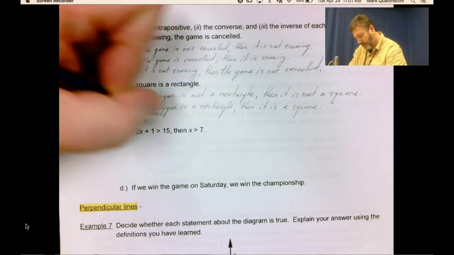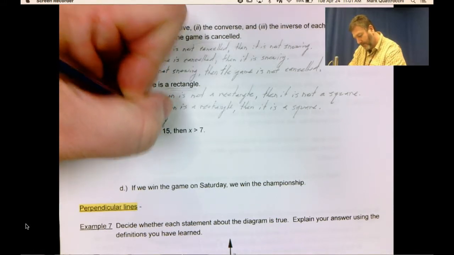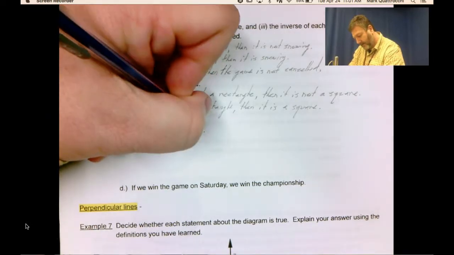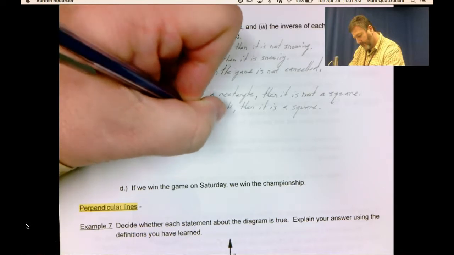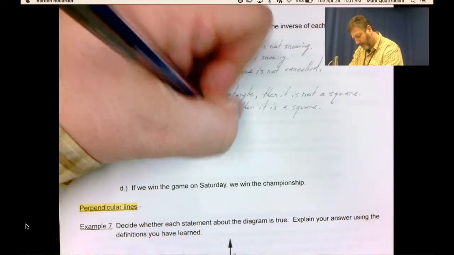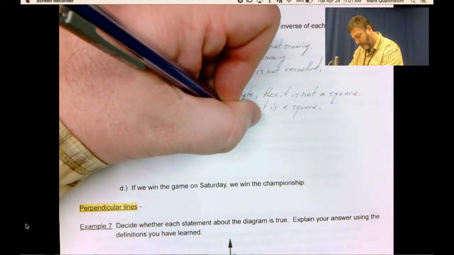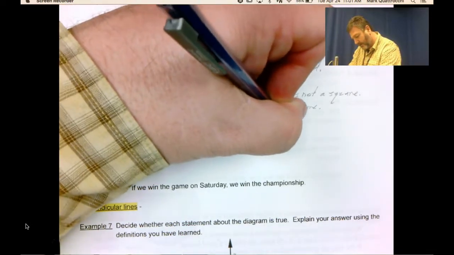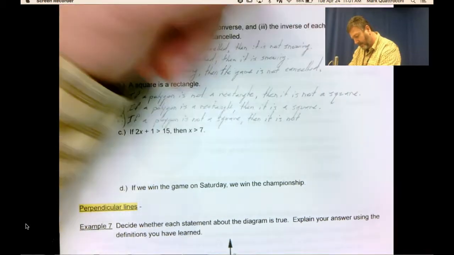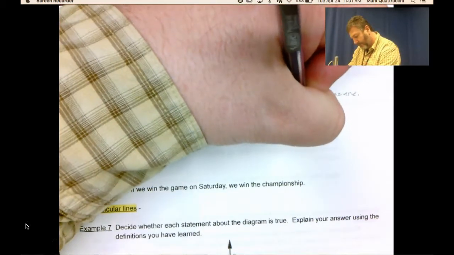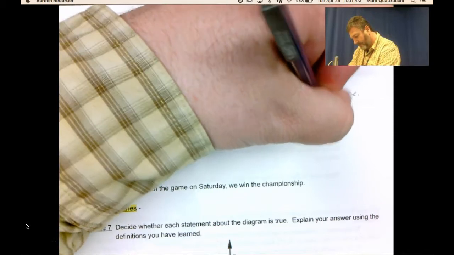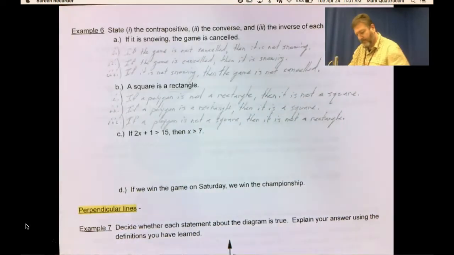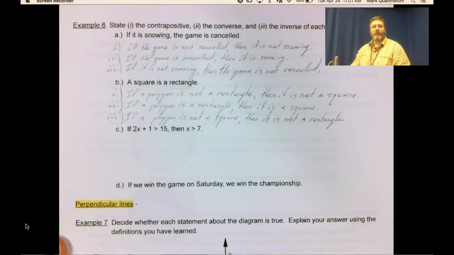If a polygon is not a square, then it is not a rectangle. Part C.